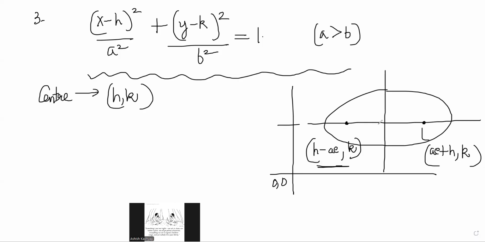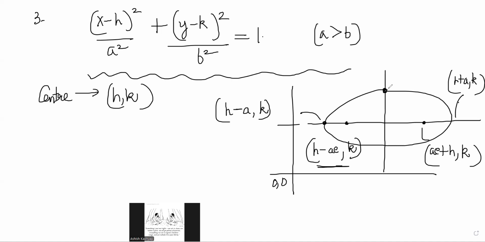These are my foci. My vertices are what? This vertex would become h minus a comma k, and this vertex would be h plus a comma k.